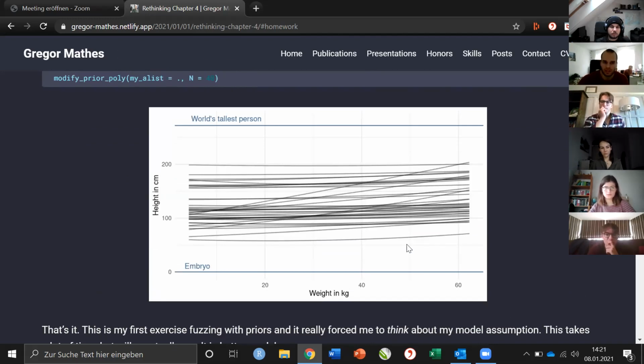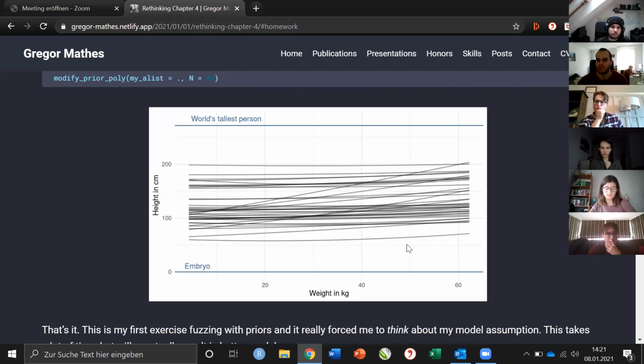And the nice thing about this example is that even if you have some really weird or even flat priors that don't make sense, the regression will still give you reasonable estimates, the QUAP, because there's so much data that the estimates will always be the same.